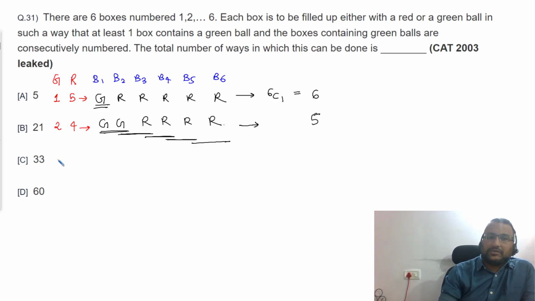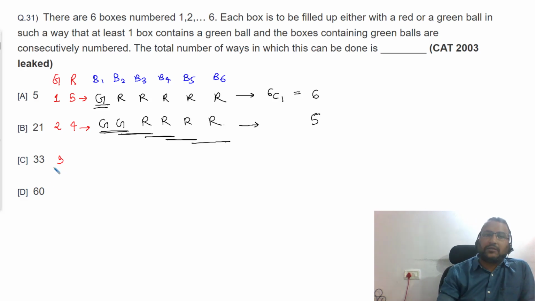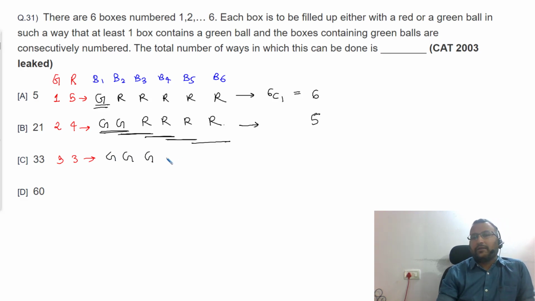The next is, let's say there are 3 boxes having green ball and the remaining 3 boxes will have red ball. So we want green ball in 3 consecutive boxes and the remaining 3 boxes are going to be red.